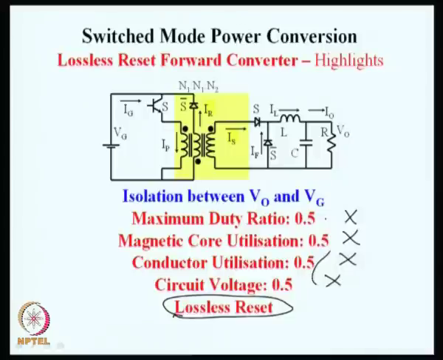All these negative features remain as they are, but we have now achieved lossless reset, and this is our original purpose, isolation between V0 and Vg, and now with lossless reset it is being done efficiently, but there are a number of limitations. The core utilization is not perfect, conductor utilization is not perfect, circuit voltage is also double, maximum duty ratio is only half, and so on.